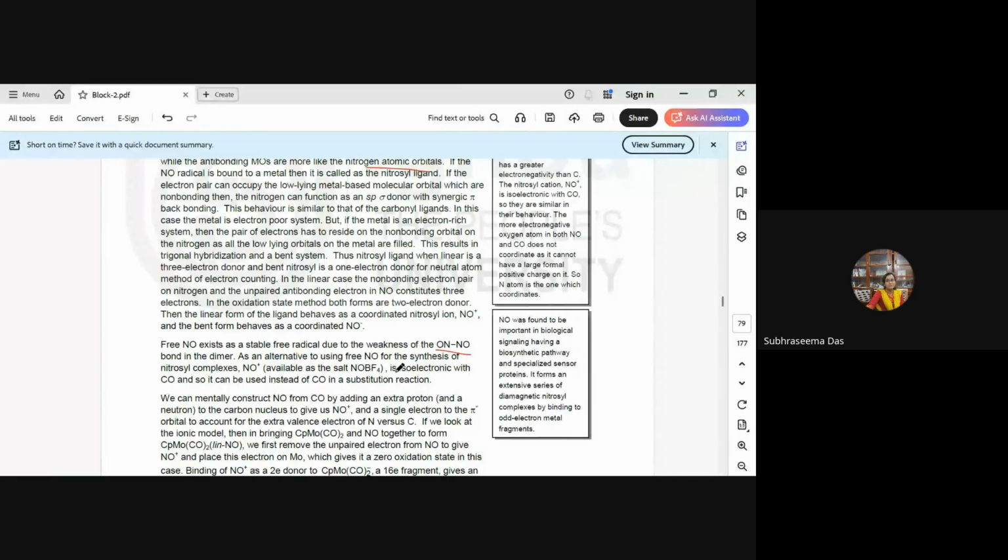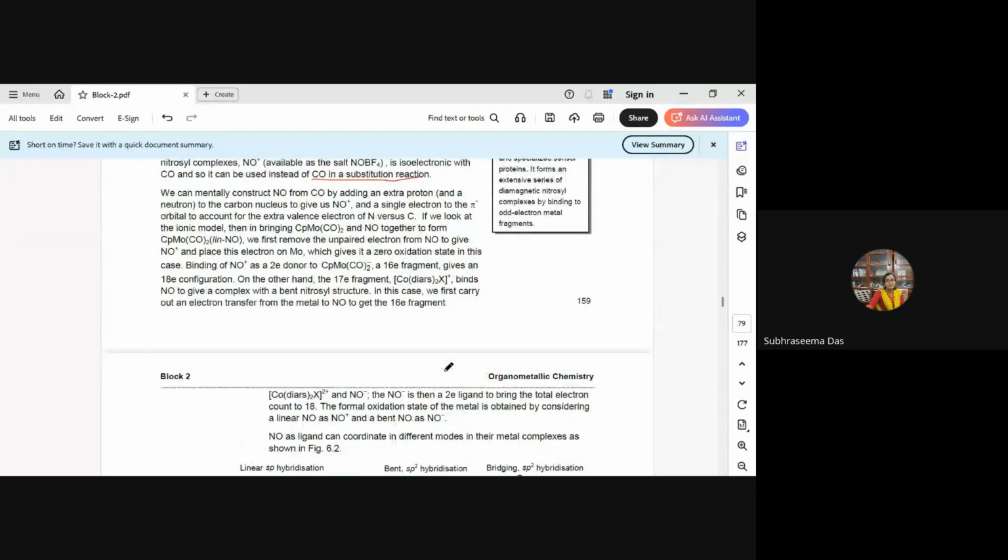Alternatively, NO+, which is isoelectronic with CO, is mostly used in nitrosyl complexes, and it can be used instead of CO in a substitution reaction. We can also construct NO+ from CO by adding an extra proton.